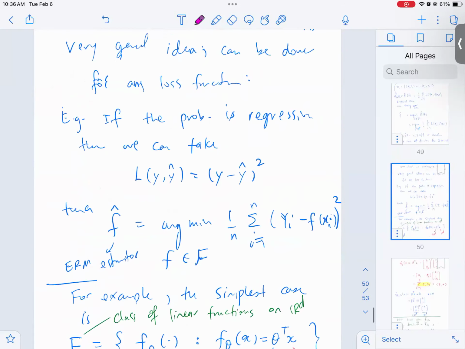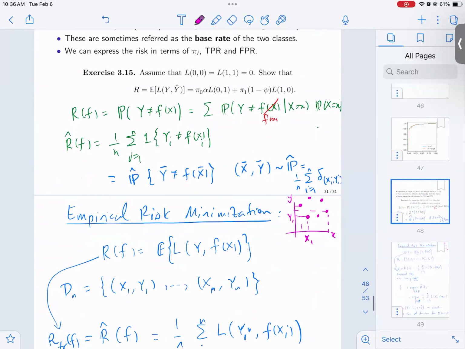By the way, this p hat is called the empirical distribution. It's a very important object in statistics. It captures the information about the data except the ordering of the data. If I give you this picture with the labels removed, you know what the training data was, but you don't know in which order it came in.